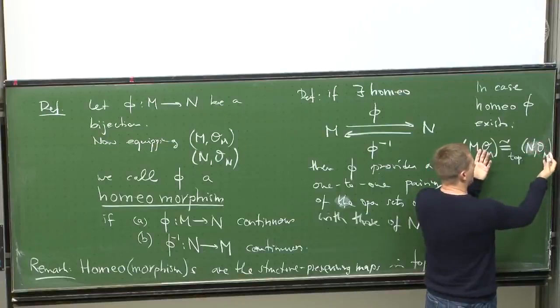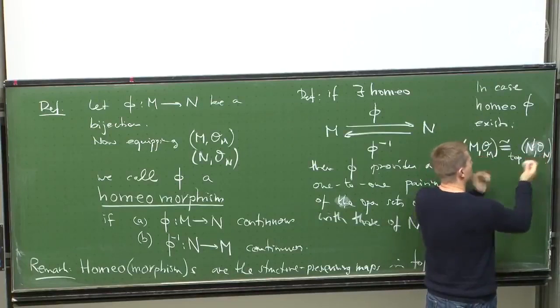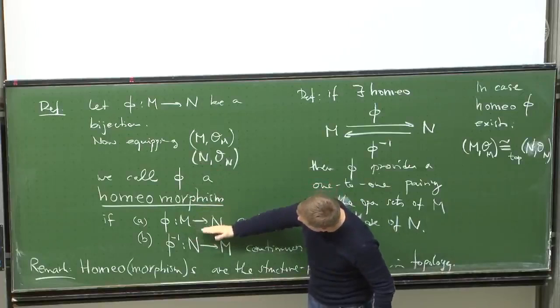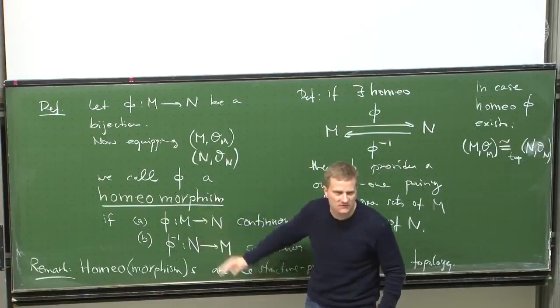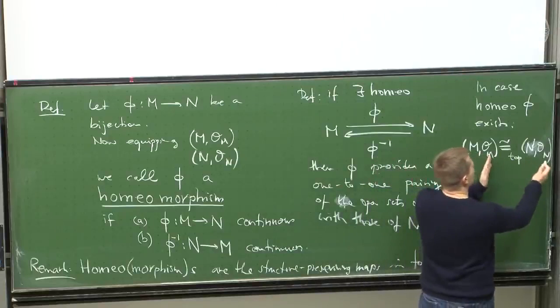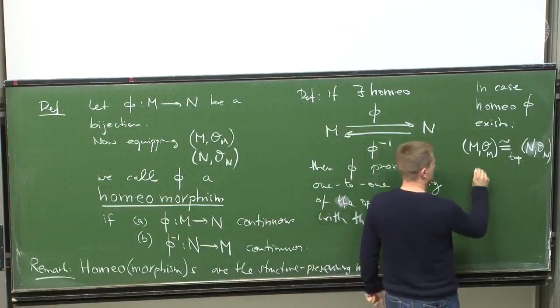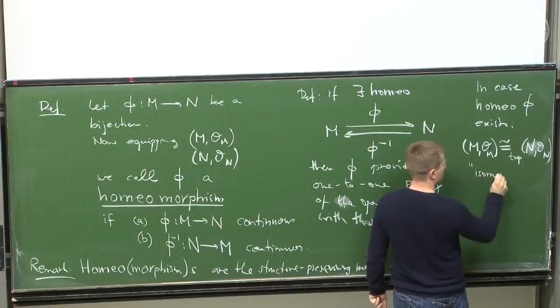But it's even more, even if you equip them with topologies, but now the map, the bijection, has to satisfy an additional condition, namely this homeomorphism condition, then they're even isomorphic as topological spaces.